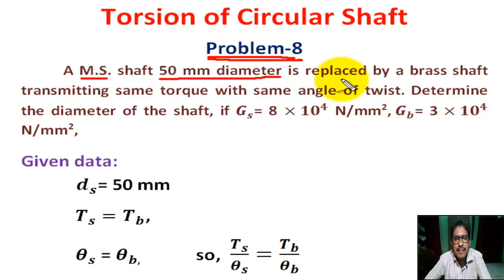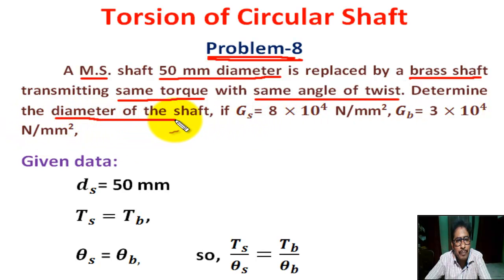It is replaced by a brass shaft transmitting the same torque and with the same angle of twist. Determine the diameter of the brass shaft.